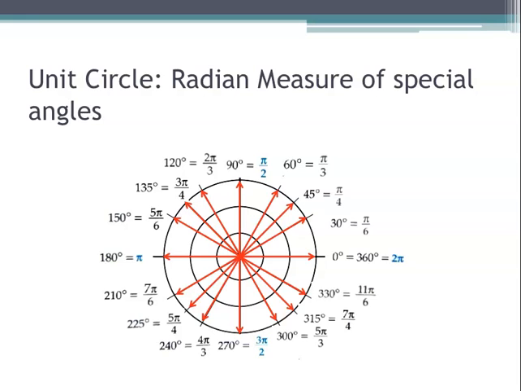You're not used to seeing pi in there, but the more you look at it, the more you'll see a lot of patterns in the radian measures, and not as many patterns as when you look at the degree measures. For example, those fractions are all either over 2, over 3, over 4, or over 6, right?